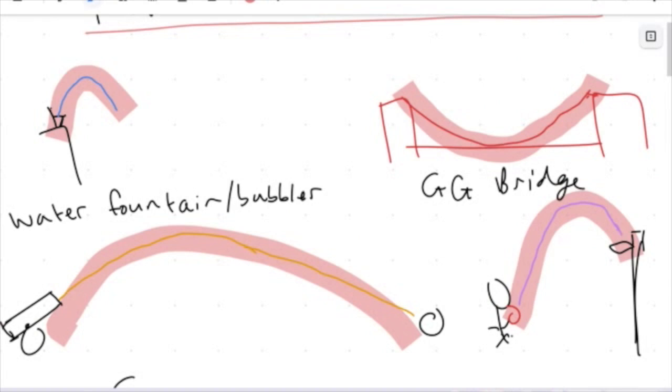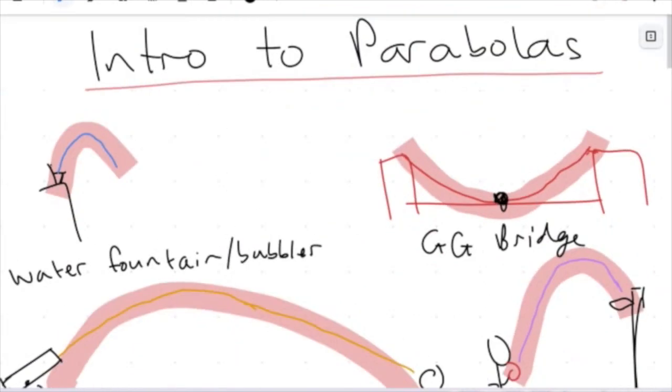So thinking about our Golden Gate Bridge example, we're going to have some kind of minimum point where we turn and go back up. So that is some examples of some parabolas we see in everyday life, as well as how we can think of translating these parabolas into the X and Y plane.